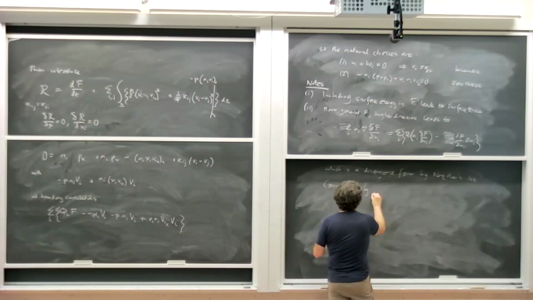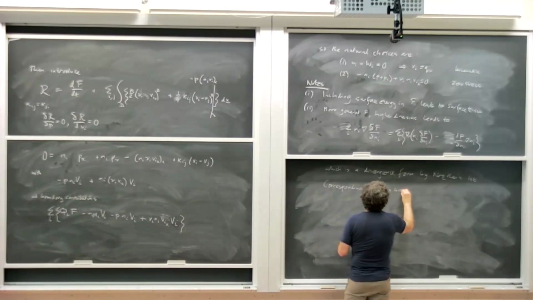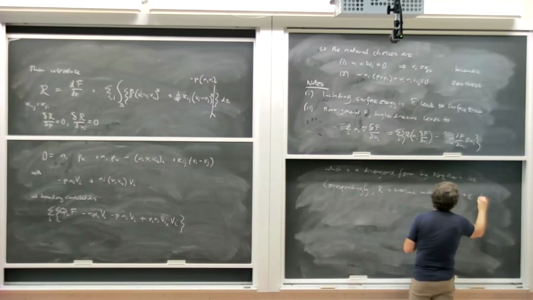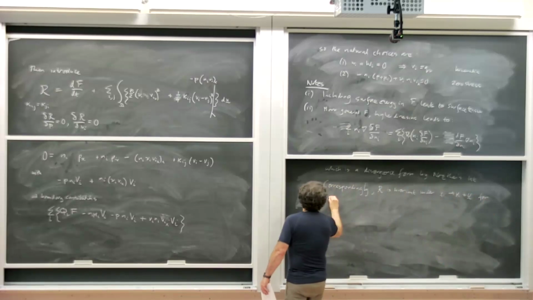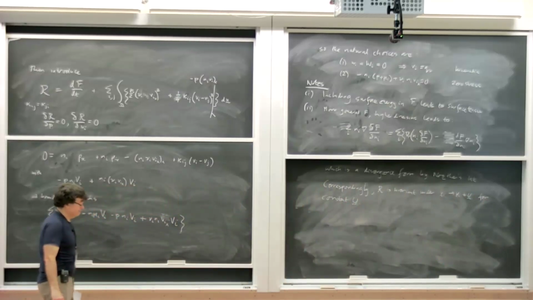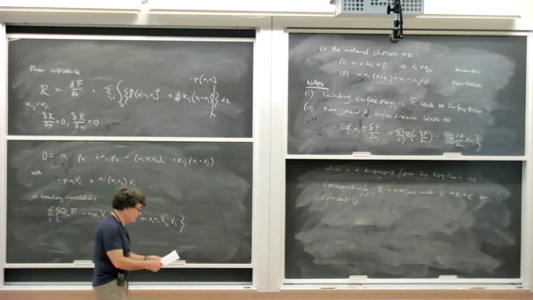Correspondingly, R is invariant under constant shifts of the velocity, Vi to Vi plus U for constant U, as you can check. And that's only true because of the previous statement, because the chemical potentials are related in a particular way. When you translate V by a constant in this variational statement, all the extra terms are of divergence form. So that's a variational symmetry as well.